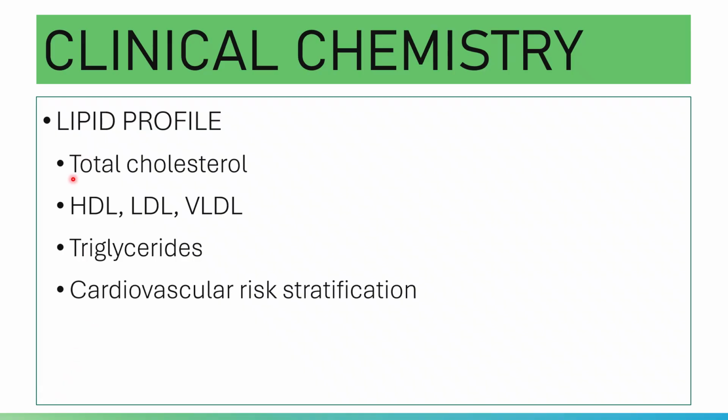You have your total cholesterol, HDL or high density lipoprotein, low density and very low density lipoprotein, and triglycerides. If you want, chylomicrons also, but they are not usually tested in a lipid profile. So you have total cholesterol, HDL-C, LDL-C, VLDL, and triglycerides.